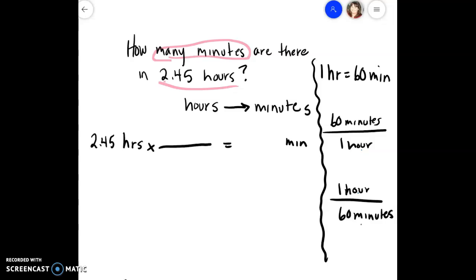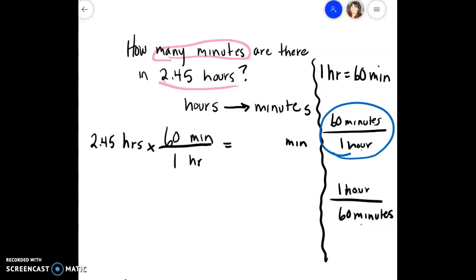I need the hours to cancel out. So since hours is up top, it needs to be down below so it will cancel out. And I want minutes on the top because that's what I want my answer in. So I am going to choose this one. I will put 60 minutes here, and I will put 1 hour on the bottom.